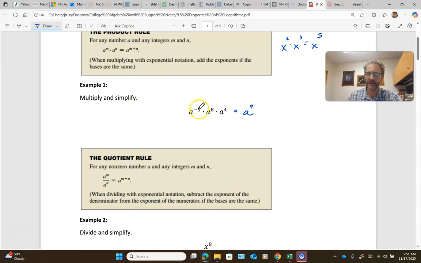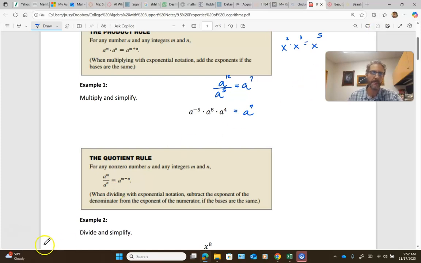I'll point out that this negative exponent right here, if you were trying to simplify this, you could think about it like, well, I would have a to the 12th on top. This factor here could move down to the bottom and become a positive, and if you were to divide out your a's, you would have 7 left over.